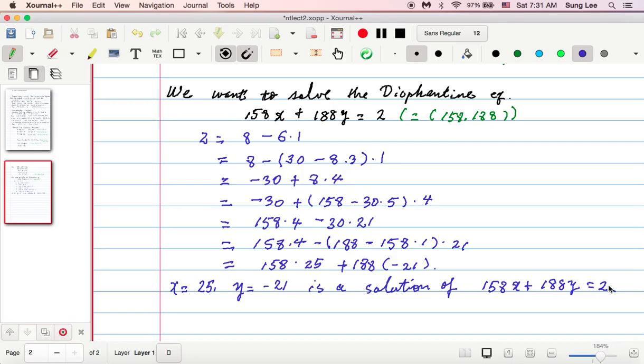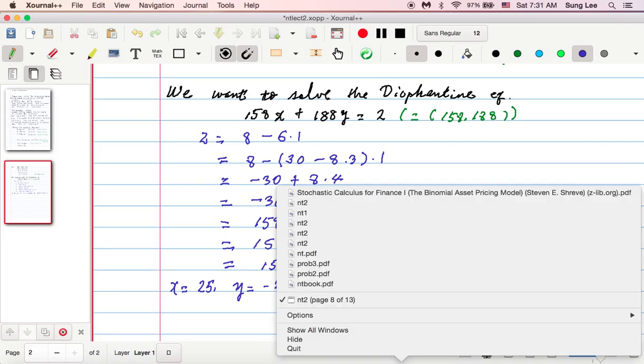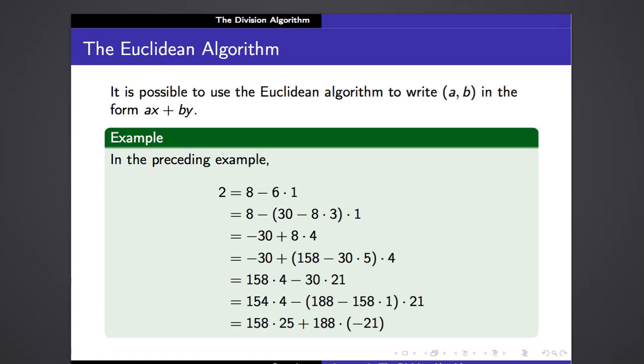It's pretty neat, right? So that's basically what I just did in this example here in my slide. All right, so let's move on.